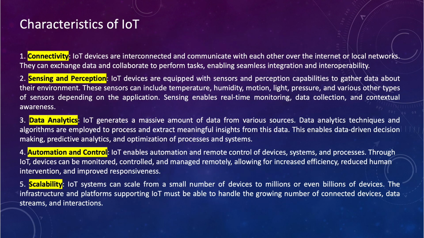Then again, the scalability of it. That is also an important thing when some kind of IoT system is applied on an industrial scale, right? So that companies can be reassured that if they are to expand, they can expand using the current IoT system. So those are 5 characteristics.